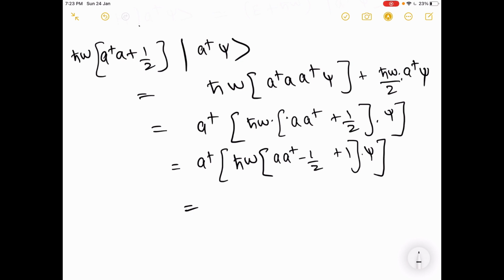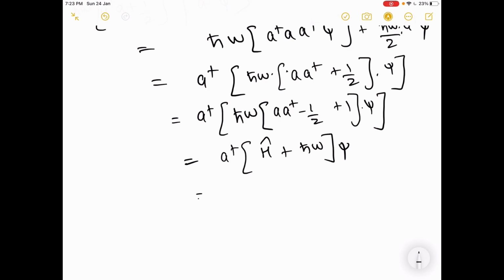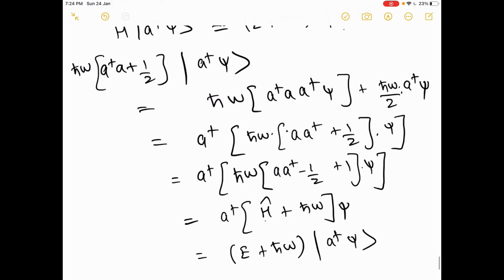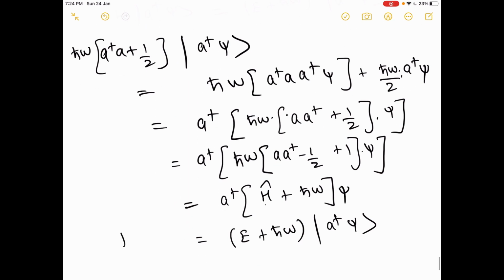We have previously seen that h cross omega times a a dagger minus half is the same as H. So this is a dagger H hat plus h cross omega acting on psi, which will be a dagger times E plus h cross omega, because H acting on psi gives E. So I have shown that H acting on a dagger psi gives E plus h cross omega times a dagger psi.